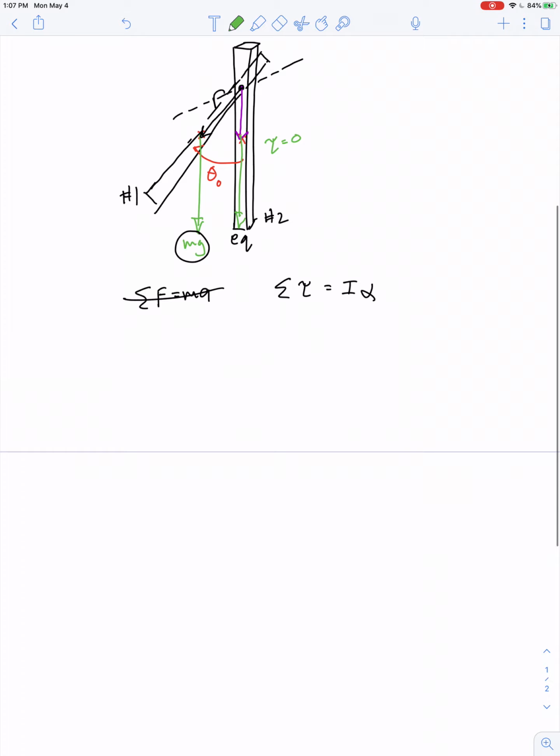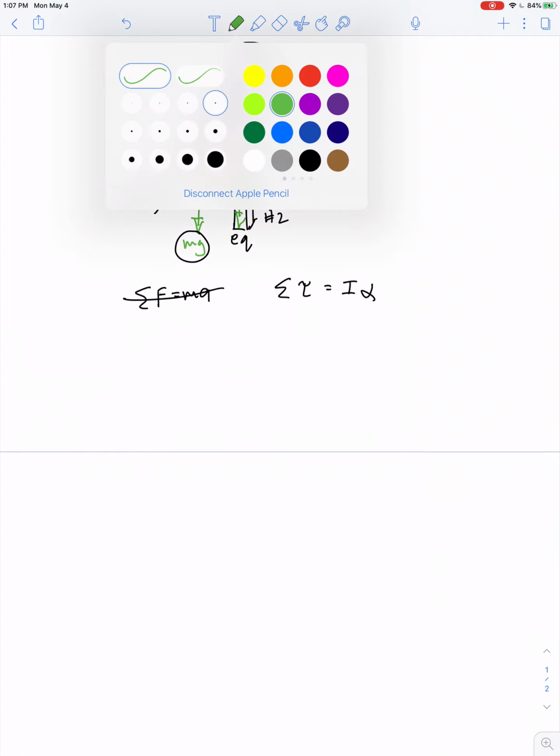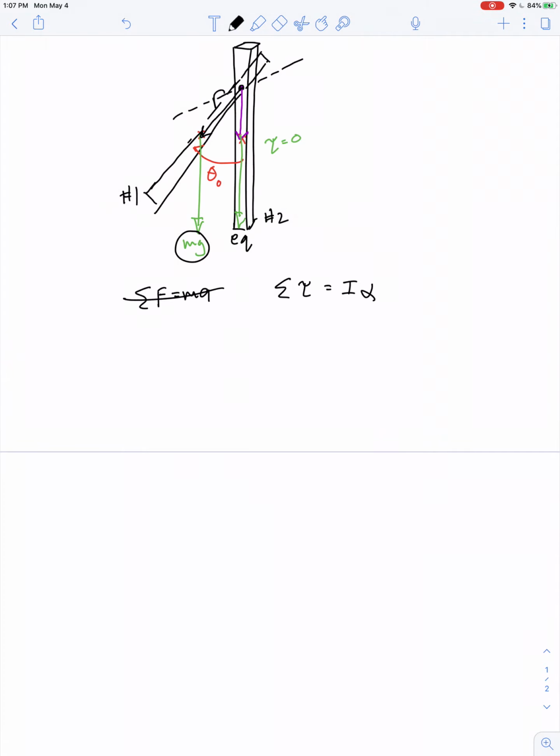So if we picture it as the swinging rod at some point in between, then at that point there's a net torque, and it's equal to the cross product of the lever arm with the force. Now you might be tempted here to say the lever arm is L over 2.